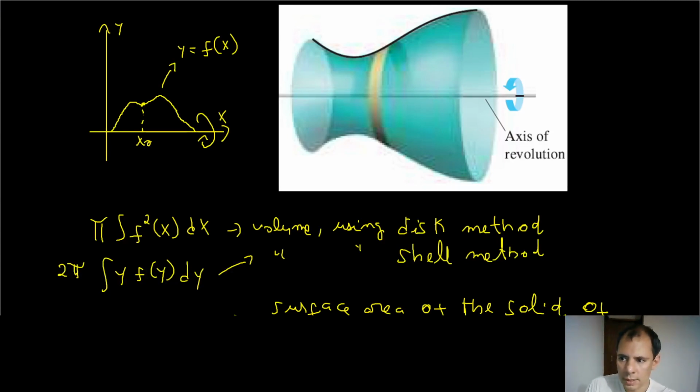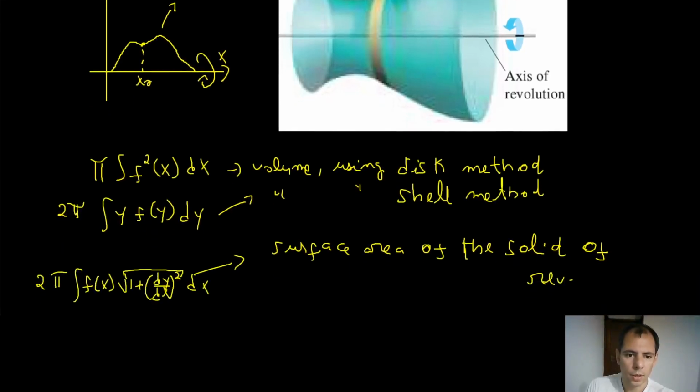The circumference of that circle, which contributes to the surface area of the solid of revolution, is going to be 2 pi times r. And what is r in this case? It's going to be f of x.